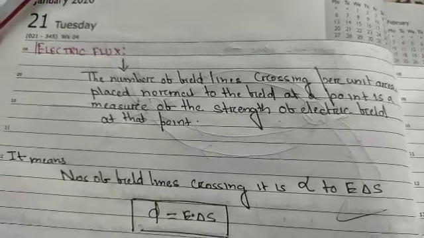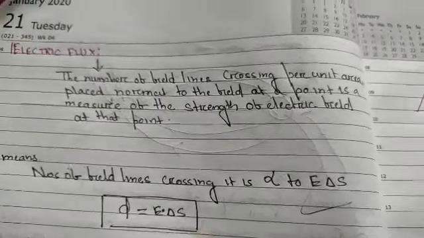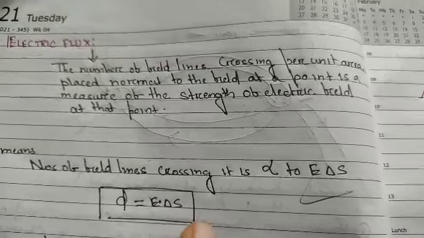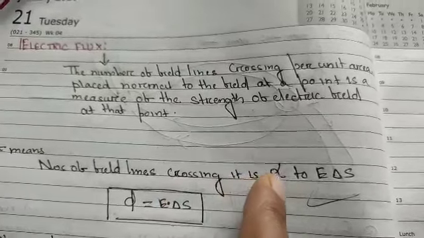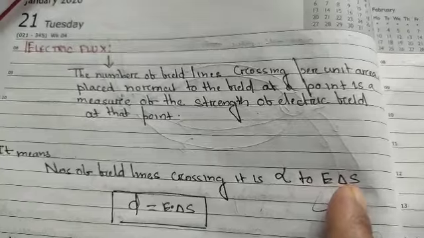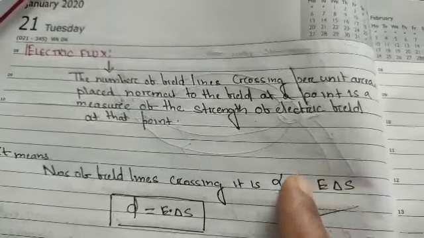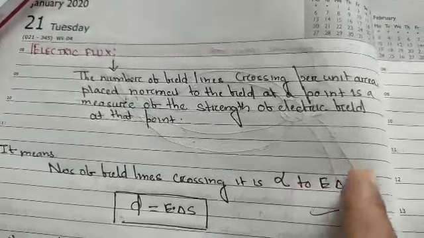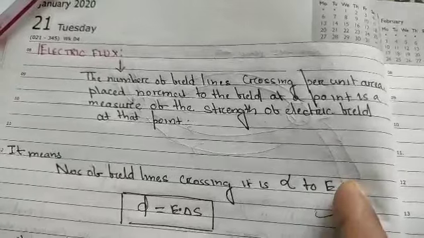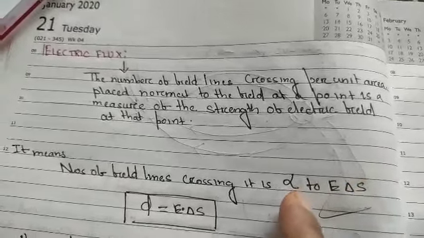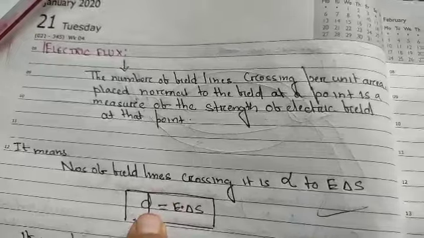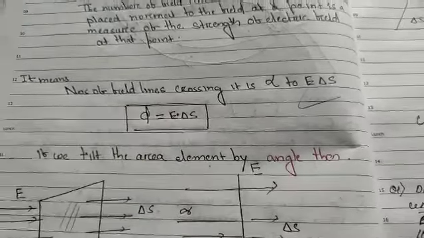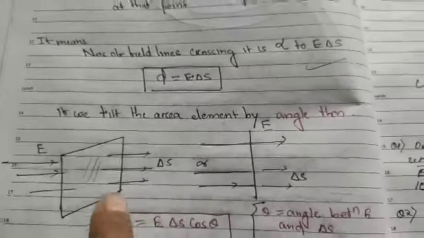Clear? Now if I show you through the formula, students, the number of field lines crossing is directly proportional to E dot delta S. E is the electric field and delta S is the cross-sectional area. If you combine them, it comes in the form of flux. Clear to you? Suppose here I have drawn one diagram for you.